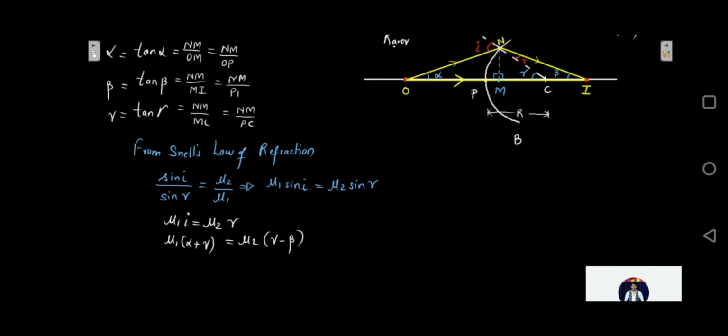So what I would get is mu1 into alpha is NM upon OP plus gamma is NM upon PC is equal to mu2 into gamma is NM upon PC minus beta is NM upon PI. So I make the substitution over here.